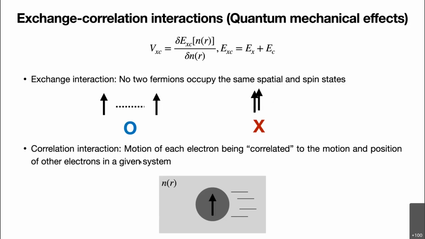One electron is moving like this in some electron reservoir, or just electron density. Then this motion is related to the motion or position of the other electrons in this electron density. So there are very complicated interactions between an electron and the other electrons.